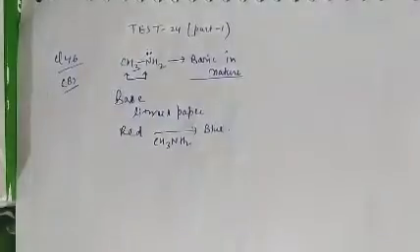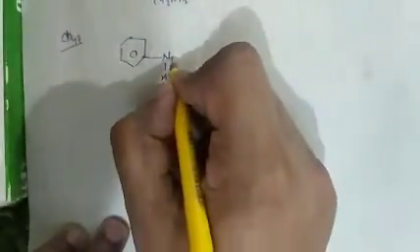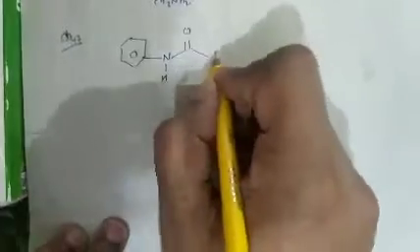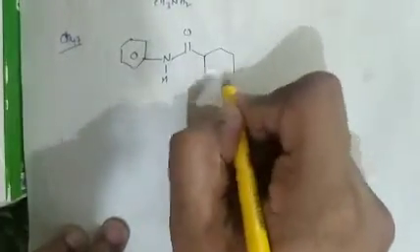See question number 47. Question number 47 is basically the product obtained when two benzene rings are there. On one ring a nitrogen atom is attached and on the other ring a C double bond O group is attached.